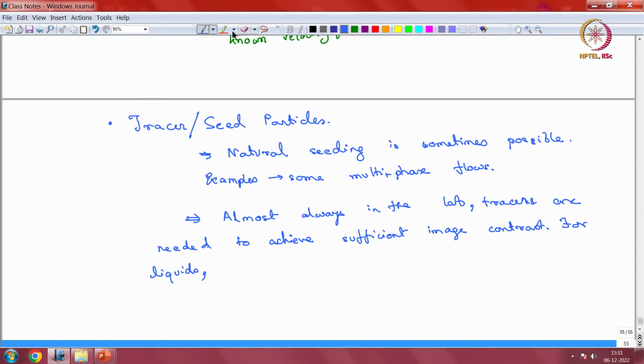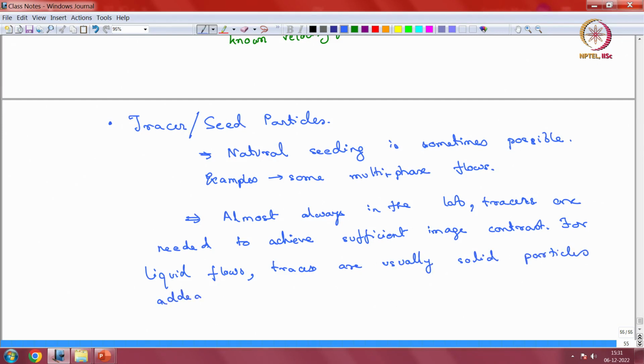For liquid flows, tracers are usually some sort of solid particle, solid particles added to the fluid and mixed well in order to achieve a homogeneous distribution. This homogeneous distribution is obviously very important.